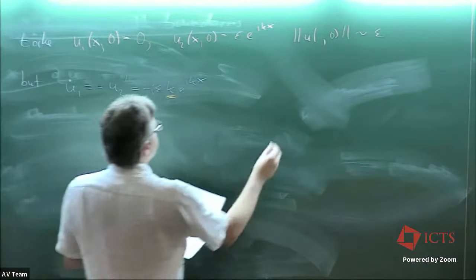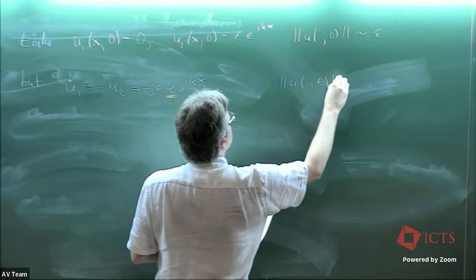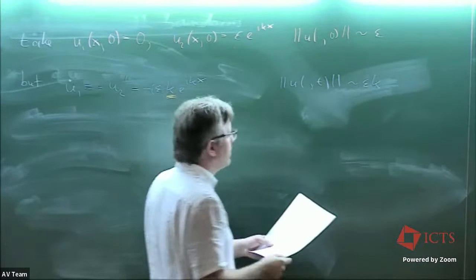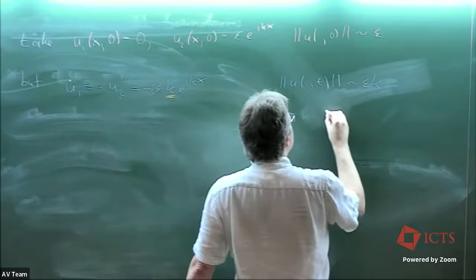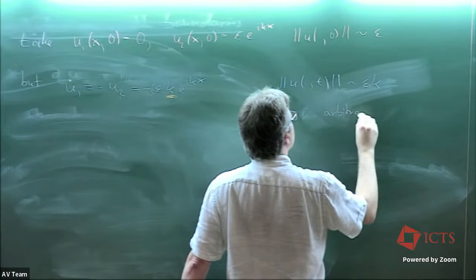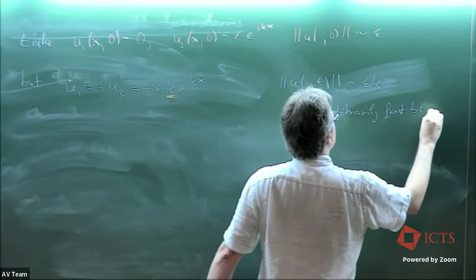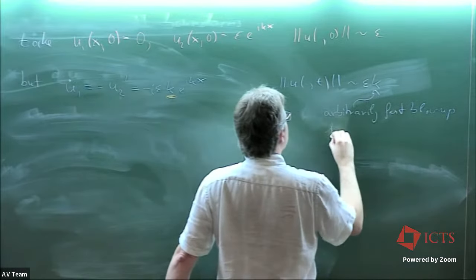That means u at some later time is going to have the size epsilon times k, and this can be an arbitrarily fast blow up for large k.